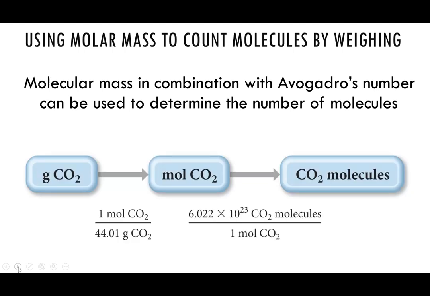Here I've been using water, but here they use carbon dioxide. So I could weigh out a certain number of grams of carbon dioxide, use molecular mass to get to moles, then use Avogadro's number to get to molecules.